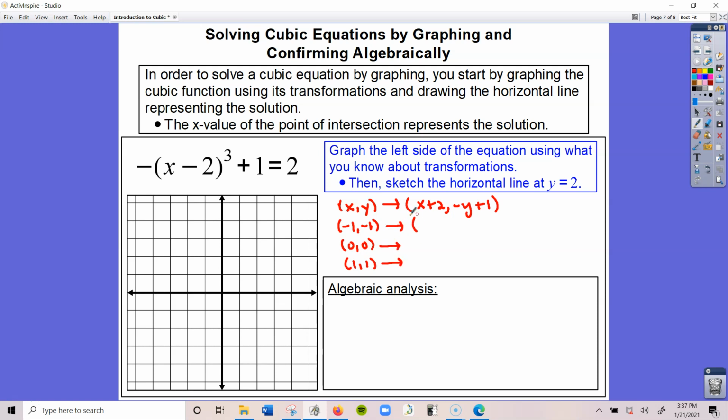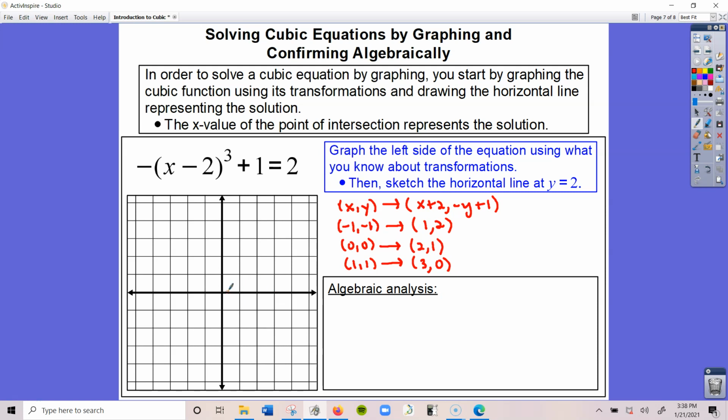When we plug in those points, −1 plus 2 is 1, and then −1 becomes a positive 1, plus 1, 2. When we plug in (0, 0), 0 plus 2 is 2, and 0 plus 1 is 1. Finally, we plug in (1, 1). 1 plus 2 is 3. Negative 1 plus 1 is 0.